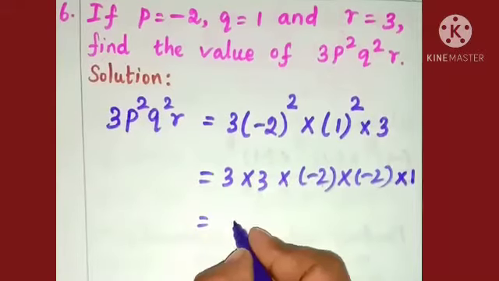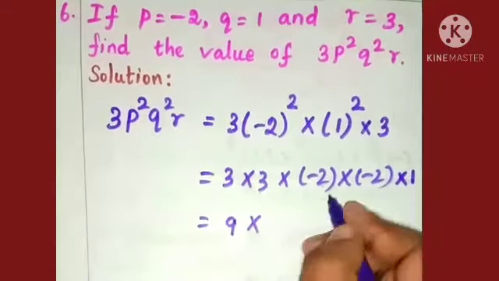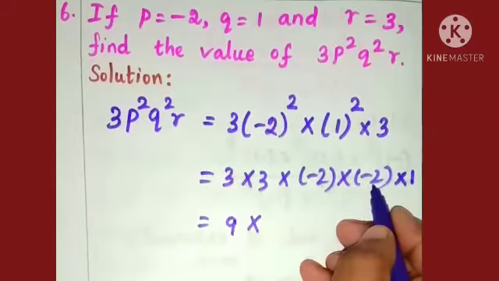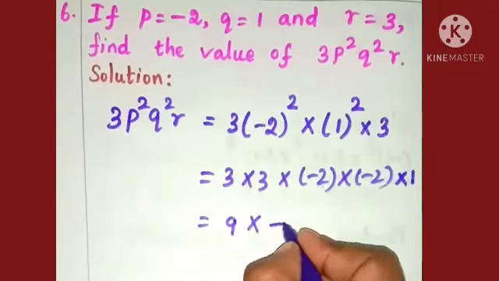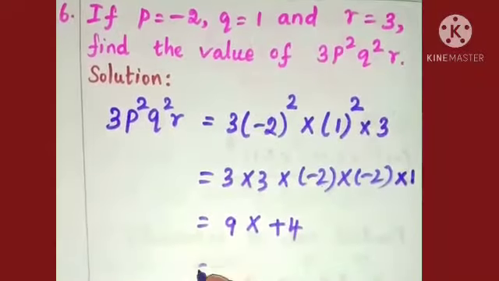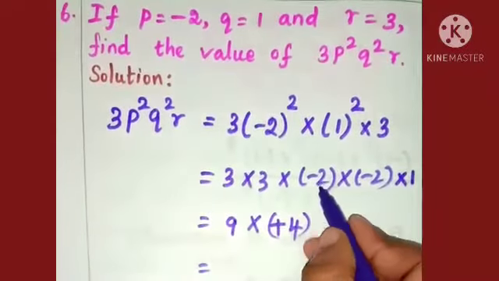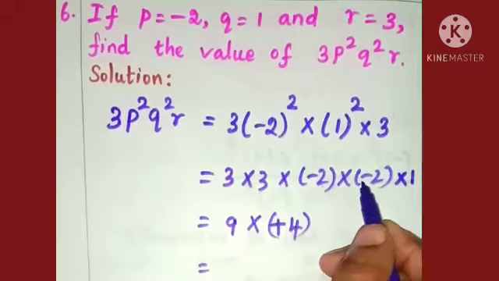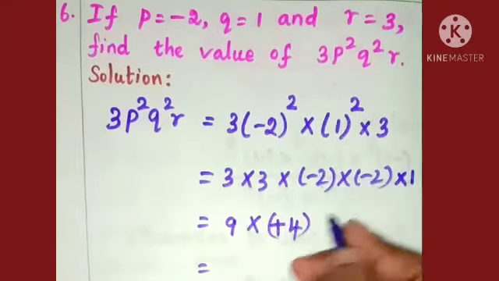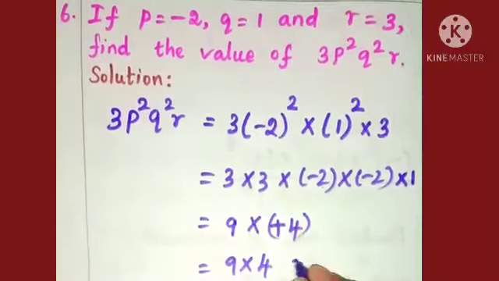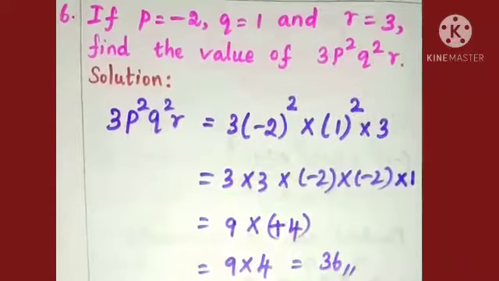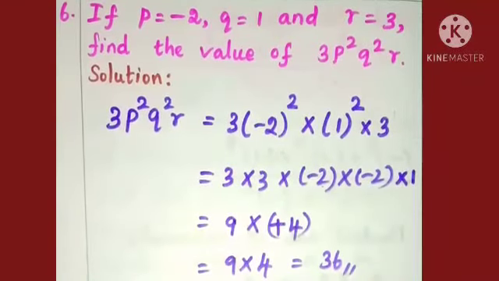Now 3 into 3 is 9, into minus 2 into minus 2, which is plus 4. We know that by using the product of integers rule: minus into minus is plus, and 2 into 2 is 4. 9 into 4 is 36, which is the value of the given expression.